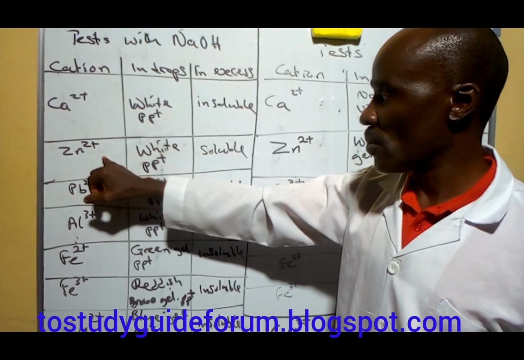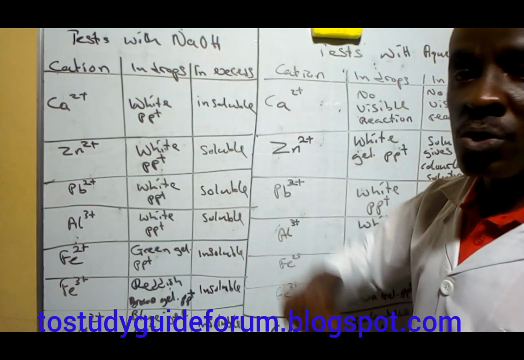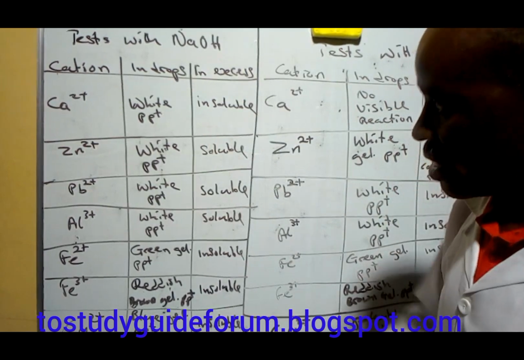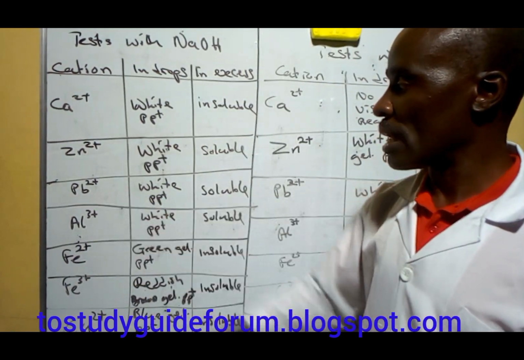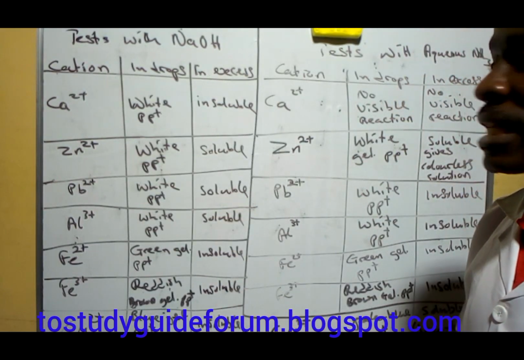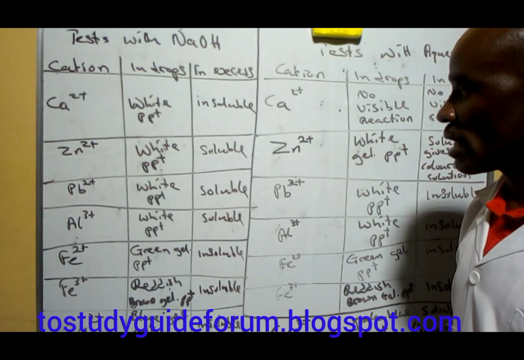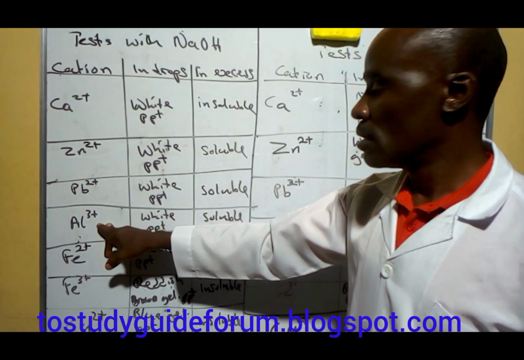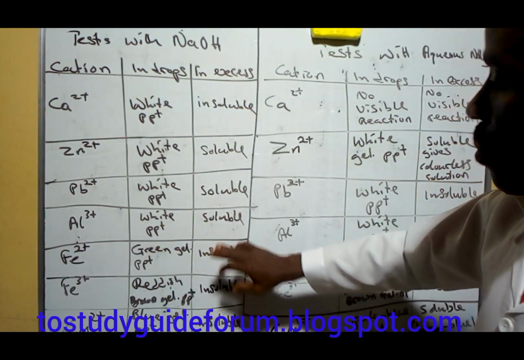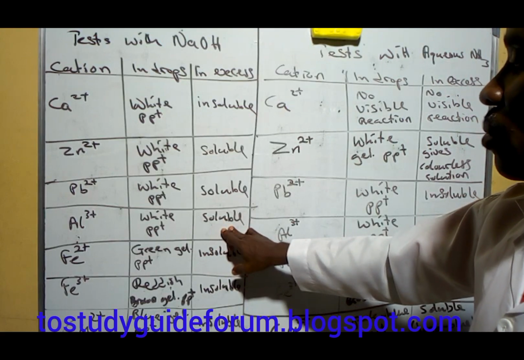Now, for the zinc ion, adding the sodium hydroxide will give you white precipitate, which is soluble in excess sodium hydroxide. In lead also, it gives you white precipitate, which is soluble in excess sodium hydroxide. Aluminium will also give you white precipitate, which is soluble in excess sodium hydroxide.